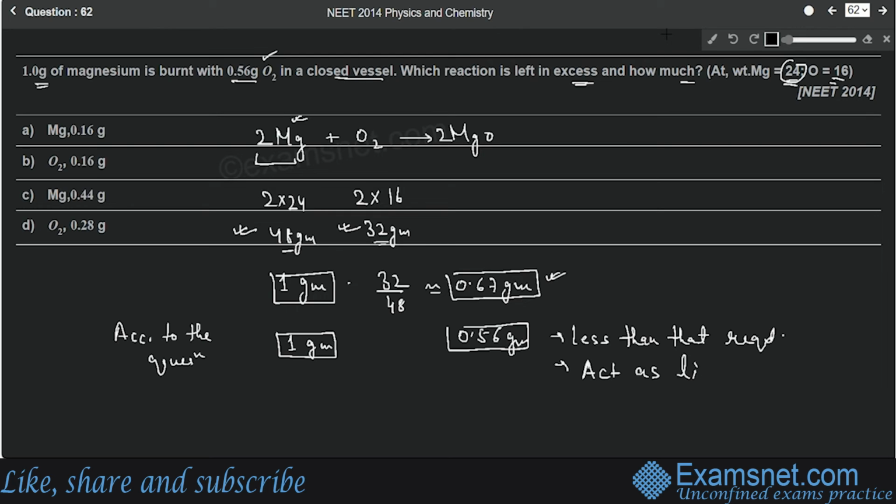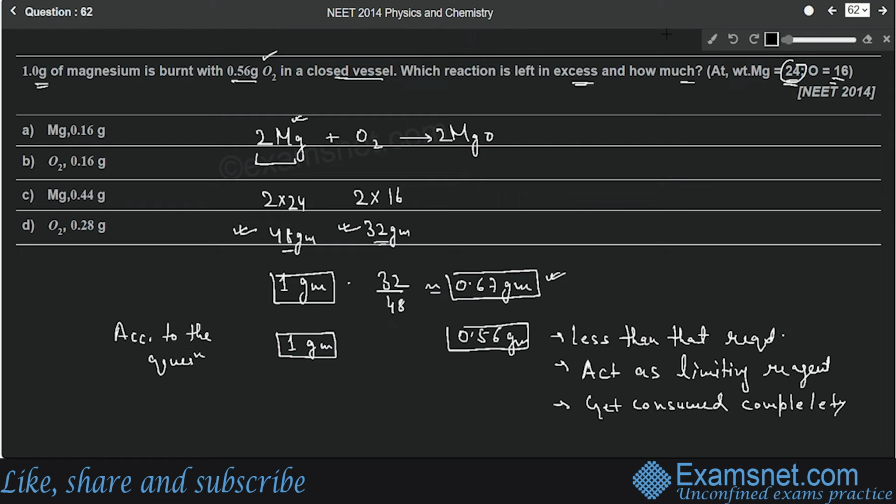That means oxygen will act as the limiting reagent, and it will get consumed completely. That means oxygen is not left in excess. It will get completely consumed during the reaction.